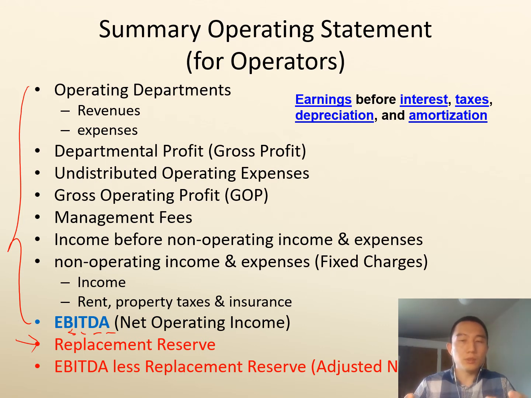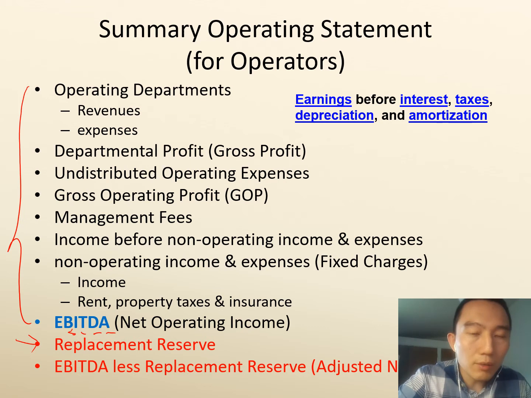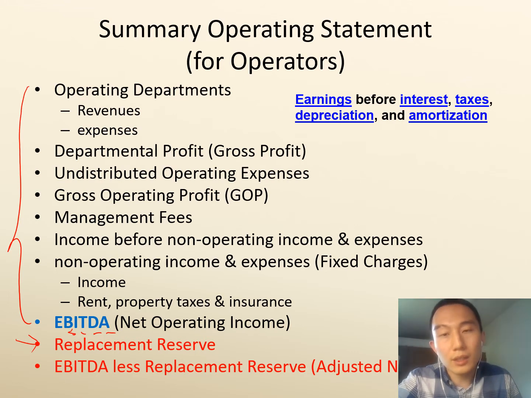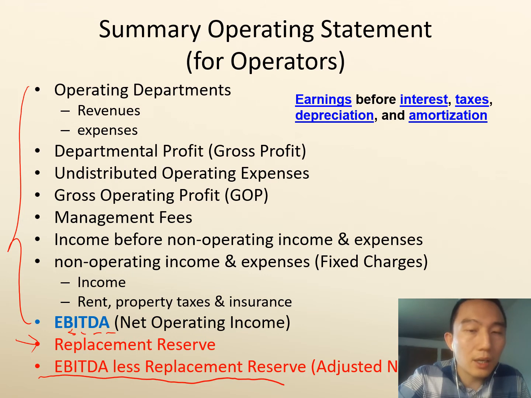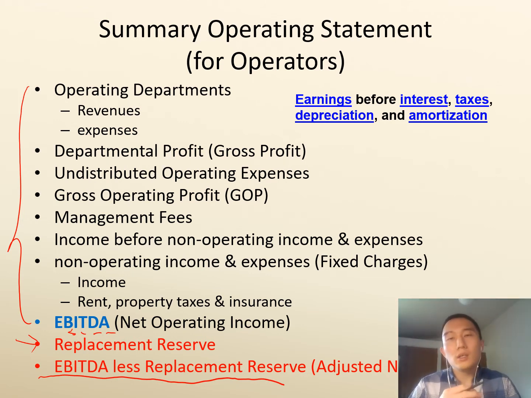We reserve a portion of the income, and then we get the EBITDA less replacement reserve, which we call adjusted net operating income. This is the baseline for a summary operating statement used for hotel operators.